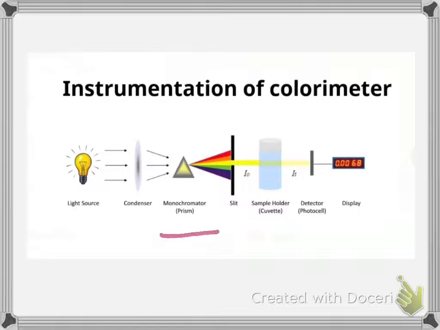Next is the monochromator. It is used to produce monochromatic radiation from the polychromatic radiation produced by the light source, and it allows only the required wavelength to pass through it.